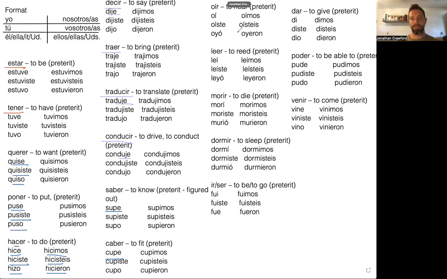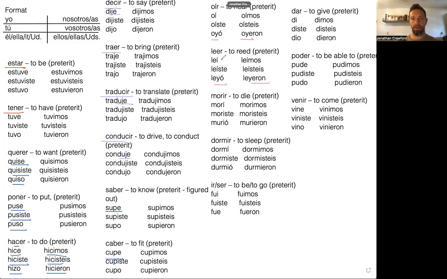And then we have these ones where in the third person you get like a Y. So oír means to hear, and leer means to read. But look in the third person, you'll notice that you get like ellos oyeron. It has that Y right there. Or oyó, right? Leyó, leyeron.